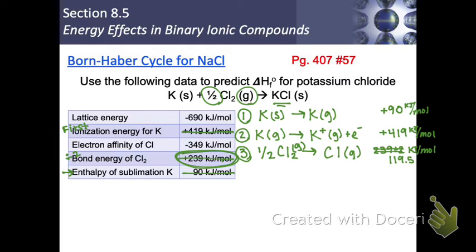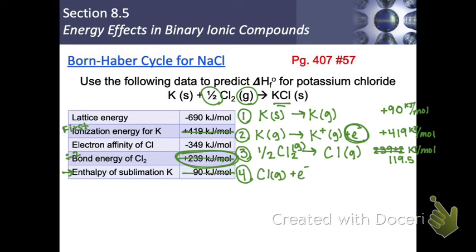Yep, good question. Okay, so now I'm left with neutral chlorine. So my next step is to make chlorine not neutral anymore. What's that step called? Formation of non-metal ions in the gas. That's right. We're going to use our electron affinity now to add the electron we plucked off of potassium back to chlorine. So we're going to take chlorine neutral and add in that electron that we pulled off over here.